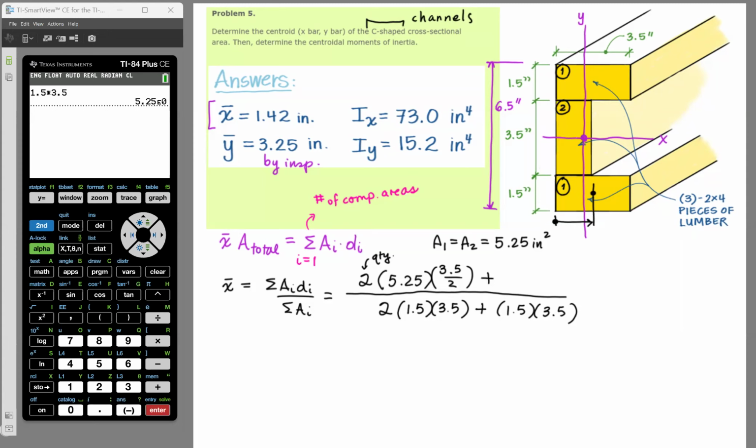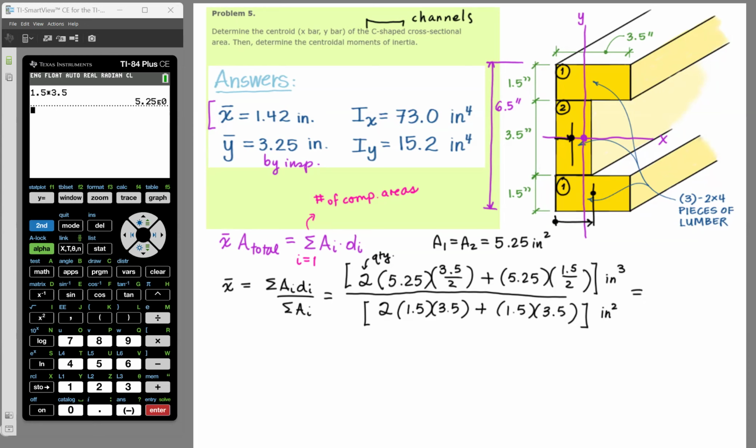Quantity 1, area 5.25, and the distance from the left fiber to the centroid of that shape is half of 1.5. Everything up top has units of inches cubed. Everything below has units of inches squared. So I'm on track to get the inches that I want.